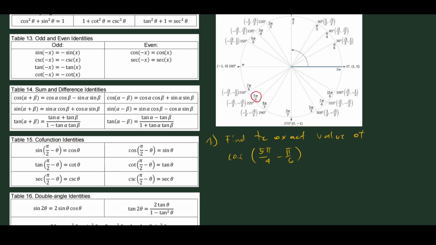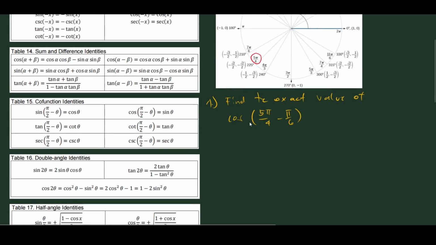We have 5 pi over 4 and we also have pi over 6 here. Let's just substitute this into the formula. This is just to familiarize the use of the formula. If we look into the table, we can see that this is the form that we're going to use.